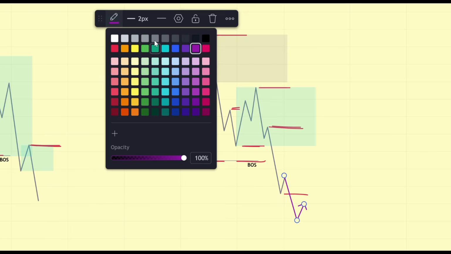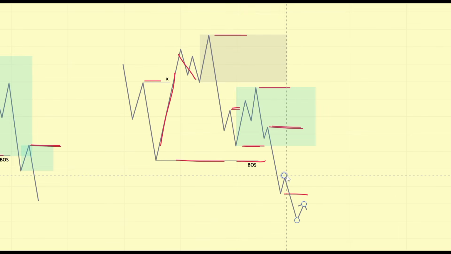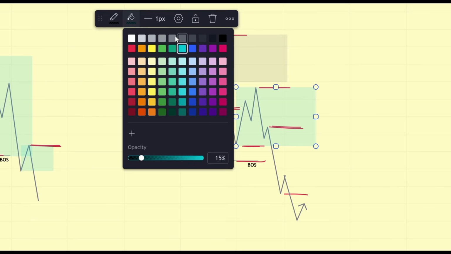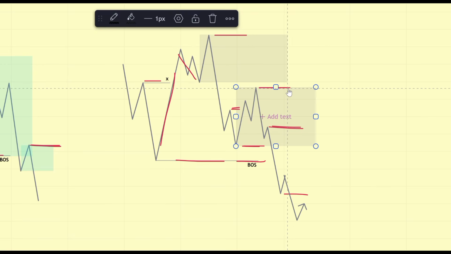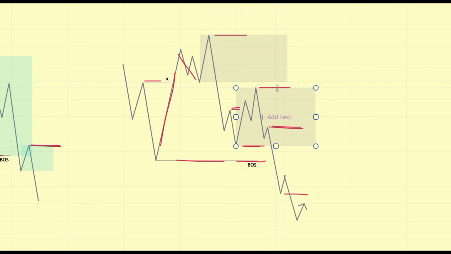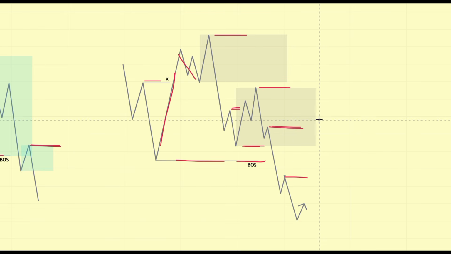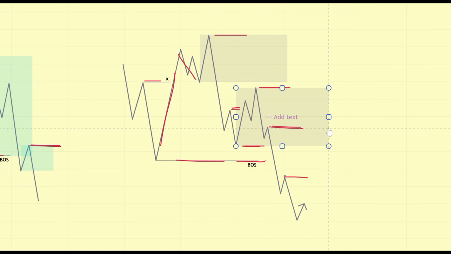And now in this case, this one here will be the decisional order flow, so that our inducement changes from where it is. That's now the engineering liquidity. This one here will now be the engineering liquidity, and our inducement will now be this one here. And in this case, this one here will be our decisional order flow.